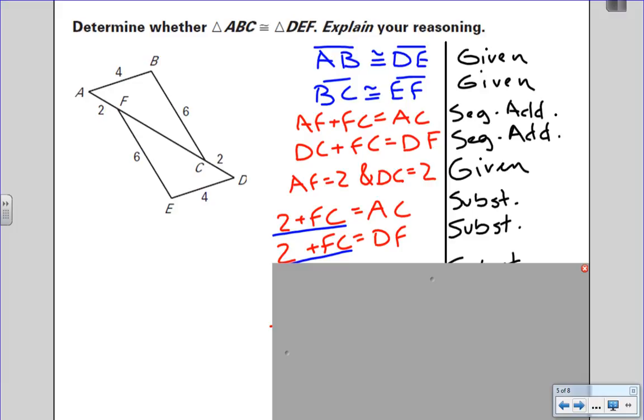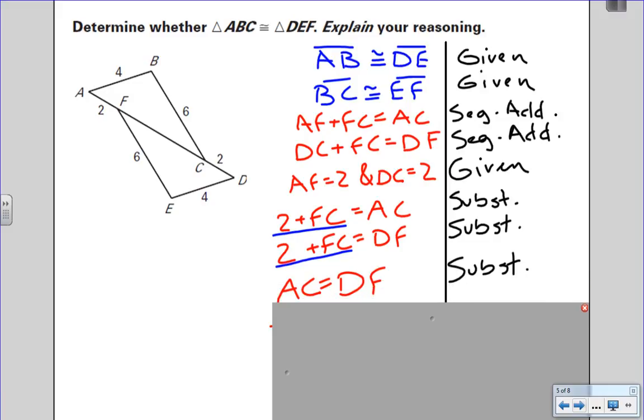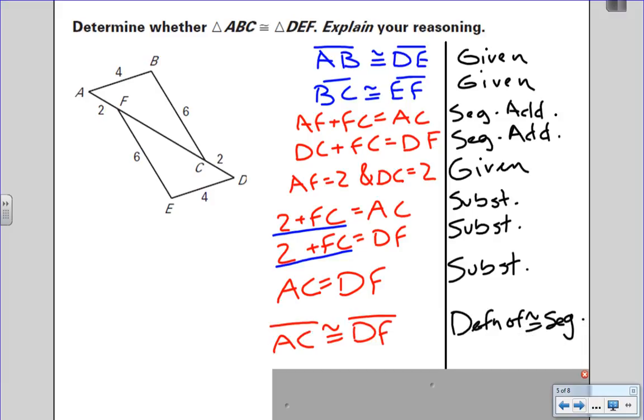Then I already know they're equal to each other, making them congruent. So I can substitute AC in for 2 plus FC, because AC is 2 plus FC. So I can substitute their measures. Now if their measures are equal, then their size and shape are congruent to each other. So segment AC is congruent to segment DF. That was the third side I was trying to find.